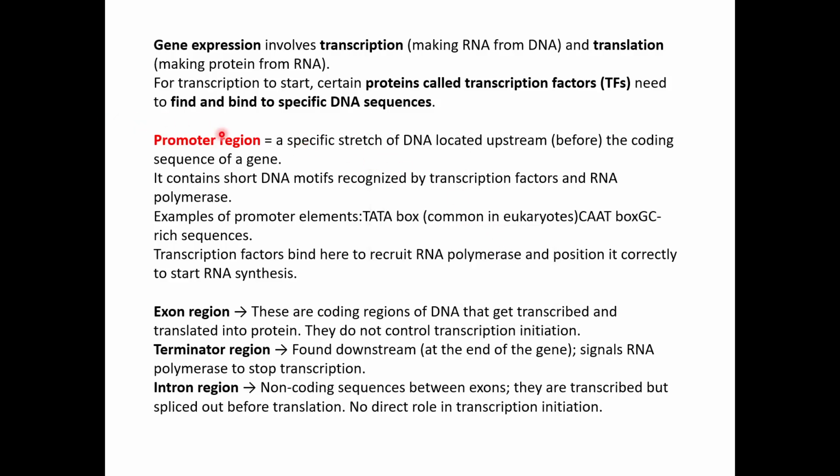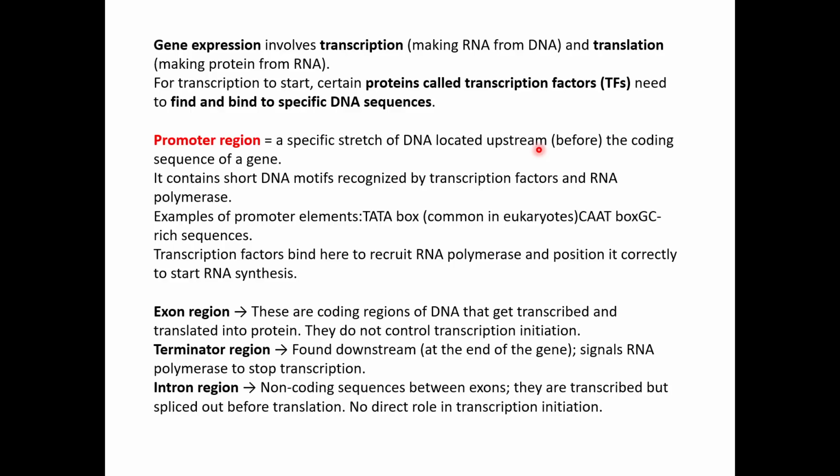To bind to the specific sequences, they also need to find them first. So these transcription factors find and bind to particular regions in the DNA sequences, and such regions are called promoter regions. A promoter is a specific stretch of DNA which is located upstream.